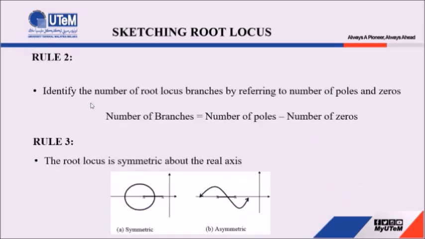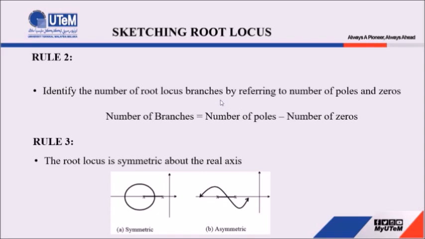Next, in rule number 2, we have to identify the number of root locus branches. This can be done by using this formula, where the number of branches is equal to the number of poles minus the number of zeros. For example, if we have a system with 3 poles and 1 zero, the number of branches is equal to 2, because 3 minus 1.